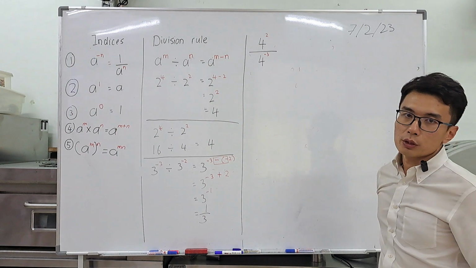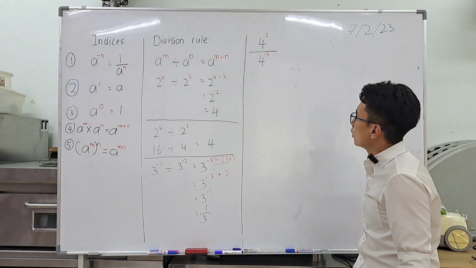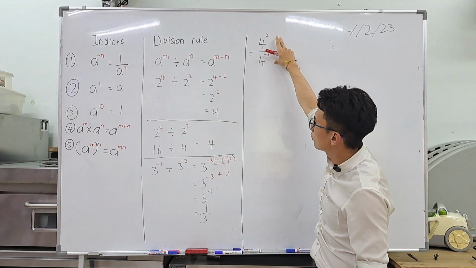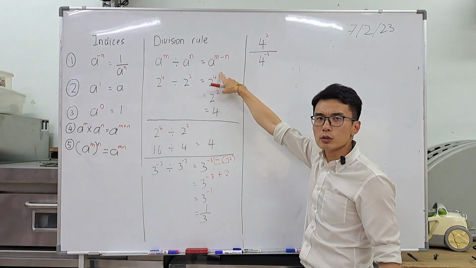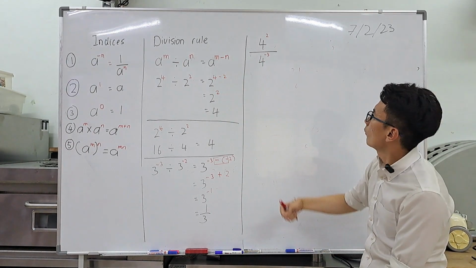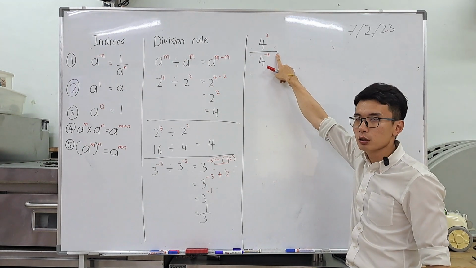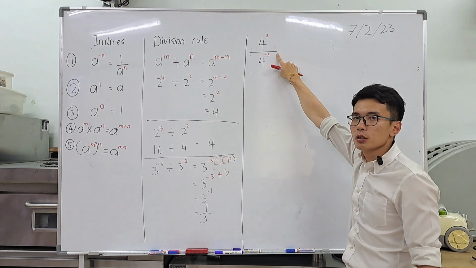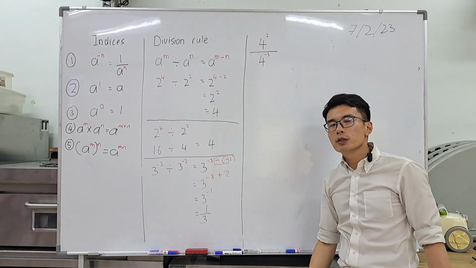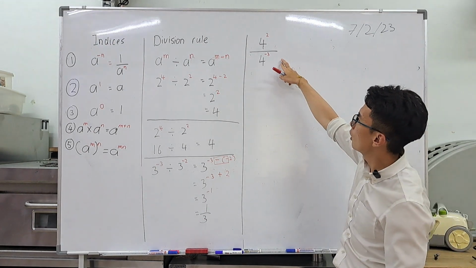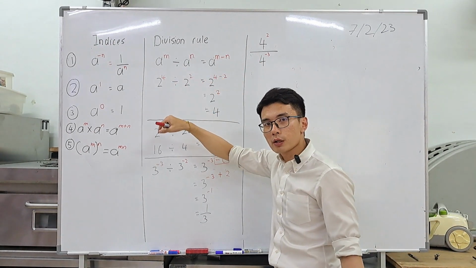So what will happen over here? If I look at this, how do I relate this to this? Now think about it. What I have written down here is a fraction, correct? So a fraction, what operation does it belong to? It belongs to a division, correct or not?